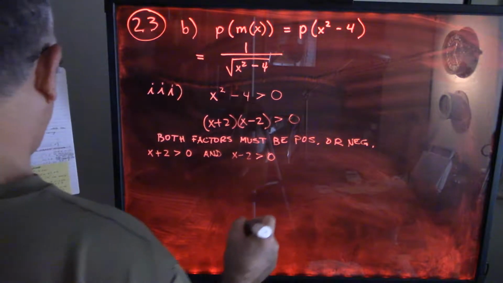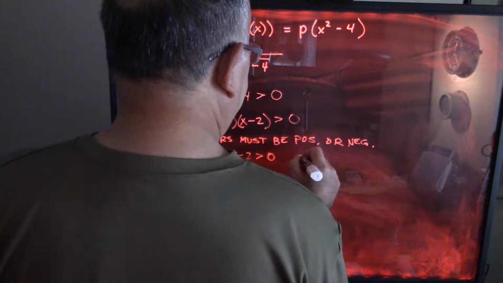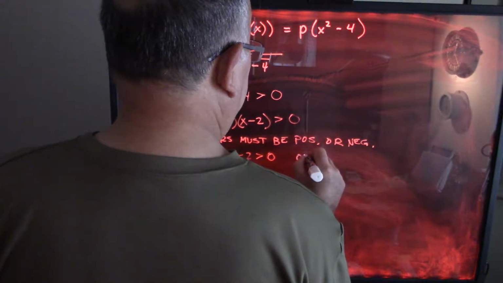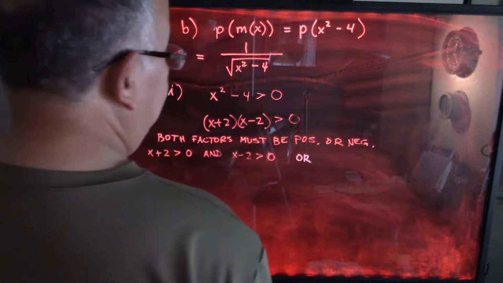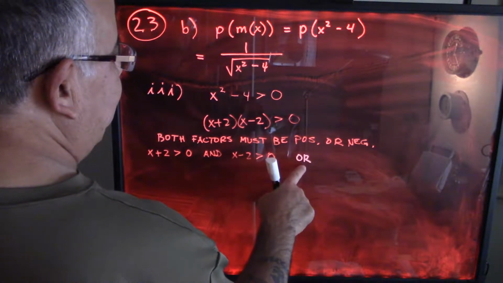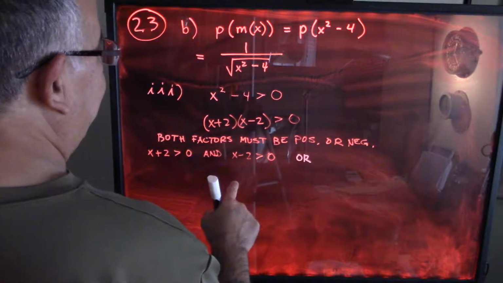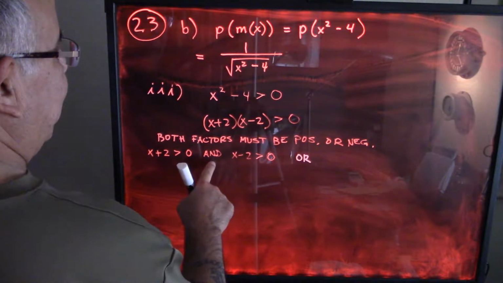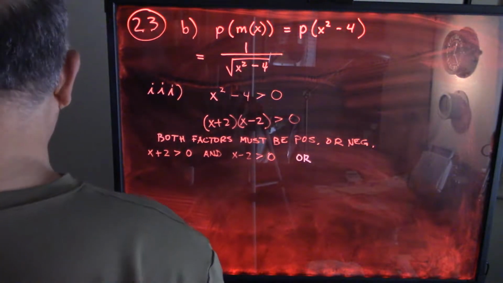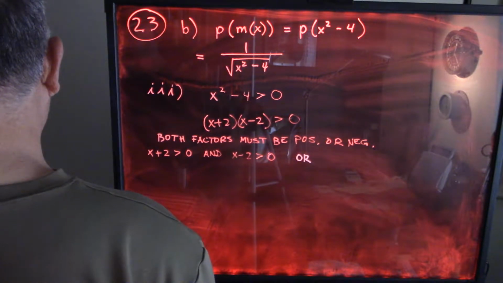Let me write the or here. Now or implies a union of these two answers, and and implies intersection. So what do we get?